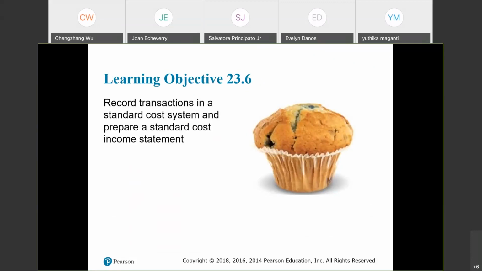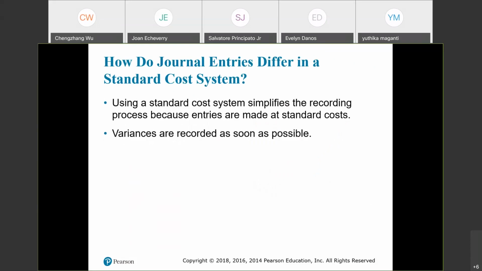Okay, here is another learning objective of this chapter. That is to record transactions in a standard cost system and prepare a standard cost income statement. So using a standard cost system simplifies the recording process because entries are made at standard cost.